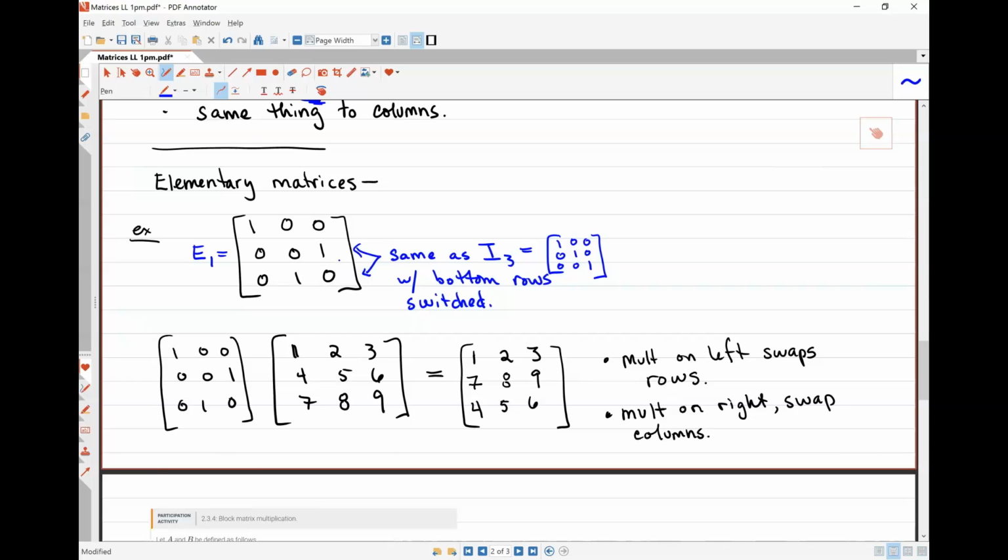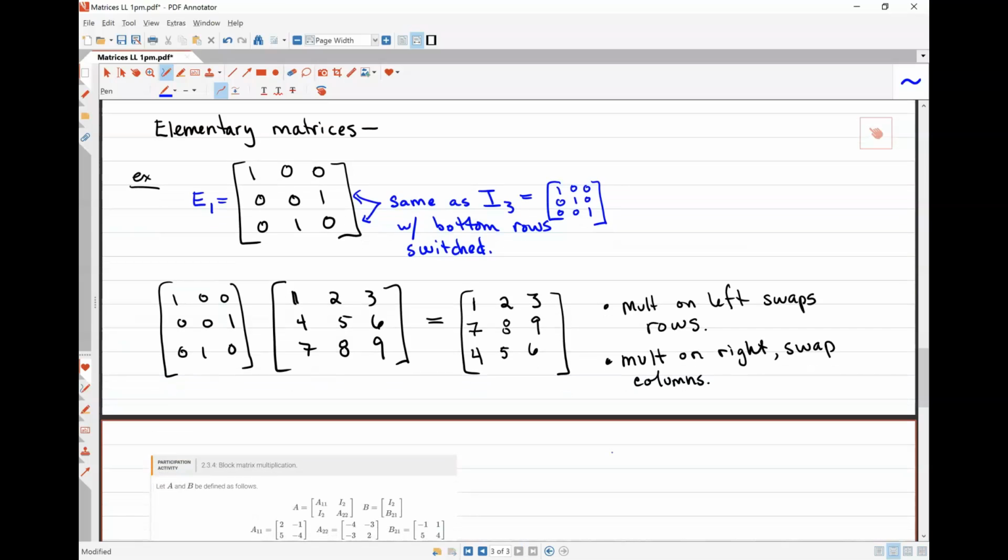And it is the identity matrix with the bottom 2 rows swapped. And if you multiply another matrix by the identity matrix with the bottom 2 rows swapped, it's going to give you that matrix with the bottom 2 rows swapped. So that's the point. And these matrices are performing what we call elementary row operations, which are going to come up for us in a couple of weeks.